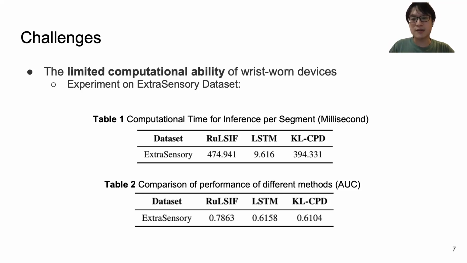The segment length is about 0.2 seconds, and ROSIF and KLCPD spent almost 5 seconds to predict 0.2 second length segments. And although LSTM is not bad, it performs fast, but the performance, the AUC, is one of the worst.